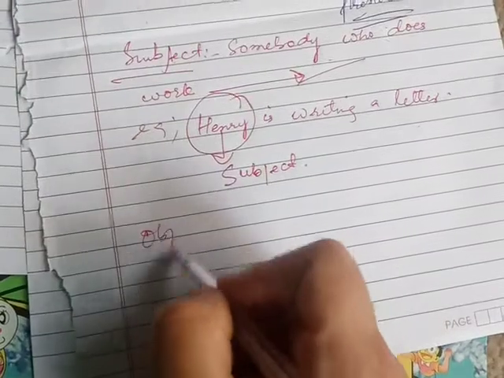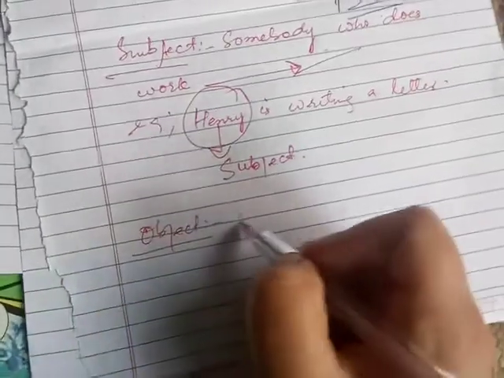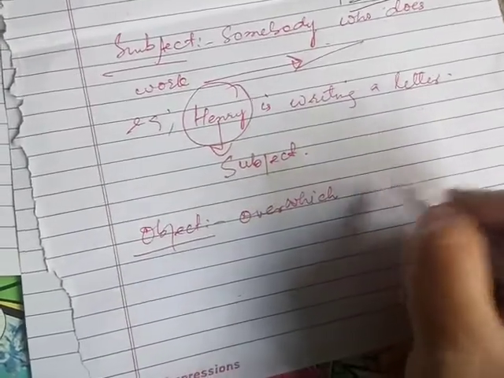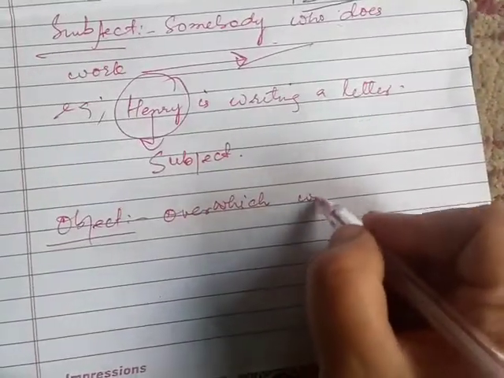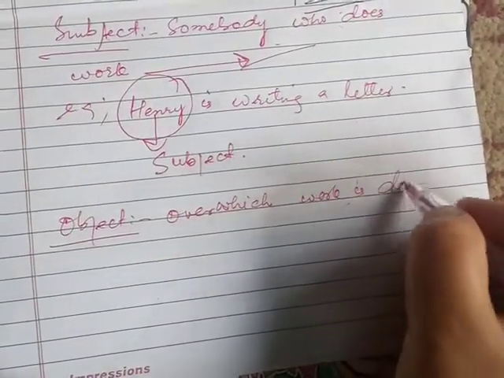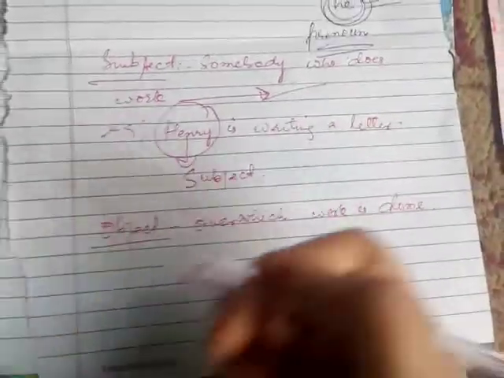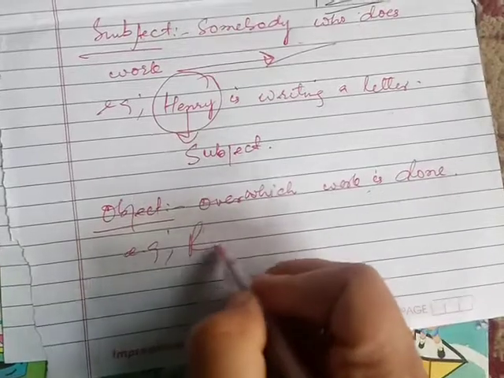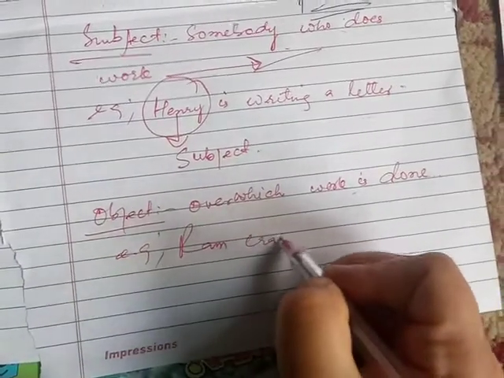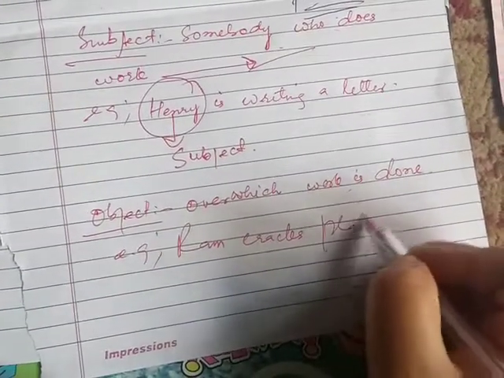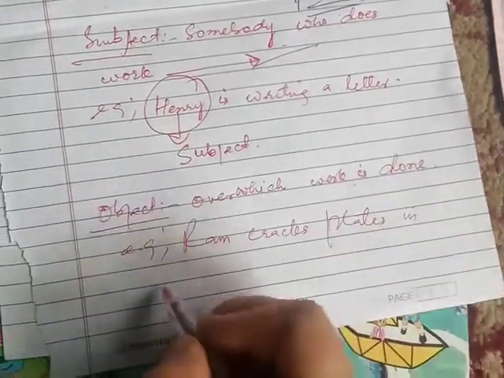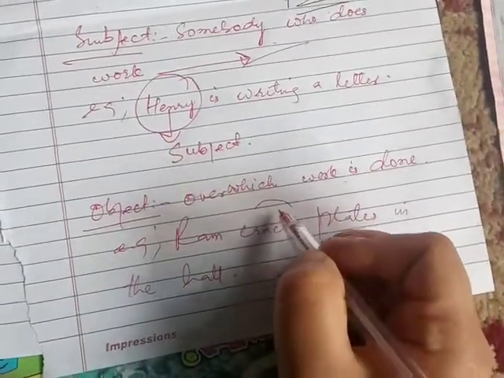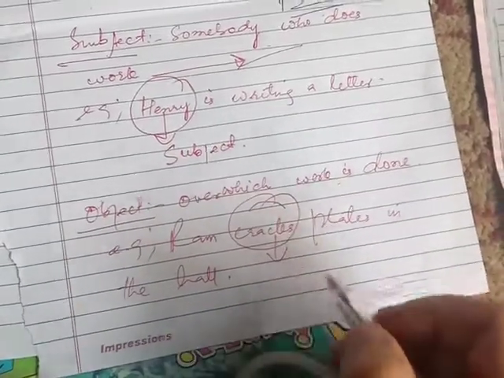And object, what is an object? Over which the work is done. Over which work is done. जिस पे काम किया जा रहा है, that is the object in a sentence. For example, Ram cracks plates in the hall. Here, cracks, this is the object.